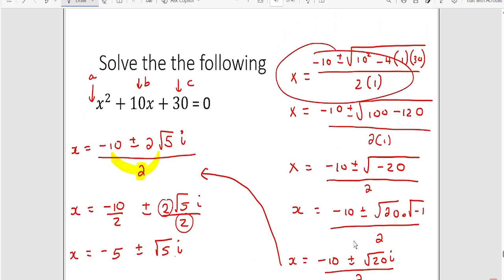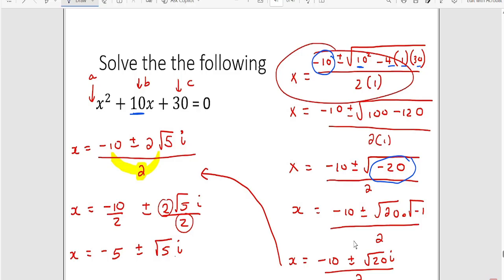Like here, if we plug in all these values, b is negative 10, in the formula we plug b square, then minus 4ac over 2a. We already did this, we got negative 20 for b square minus 4ac.